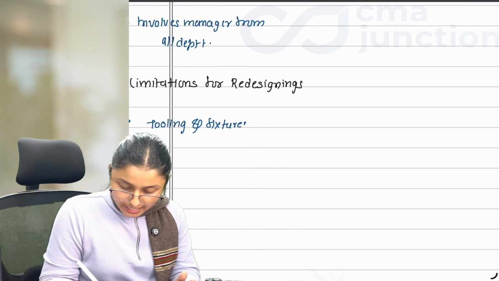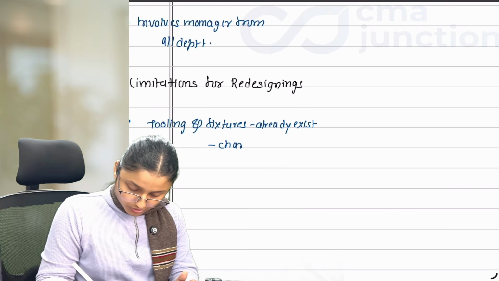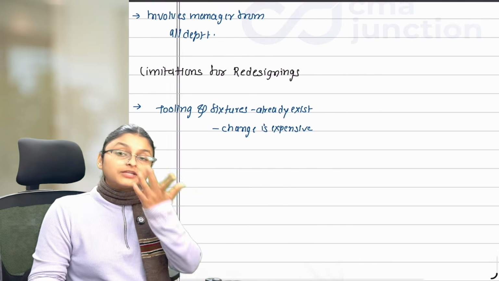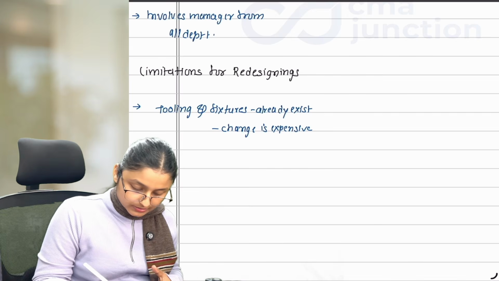So we already have tooling and fixtures and it's expensive to get them again. Hence we are not changing them, or we are not applying the value analysis or improving the function which we found out through value analysis.